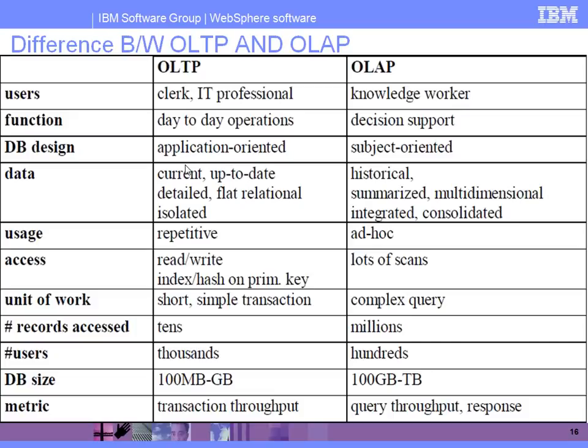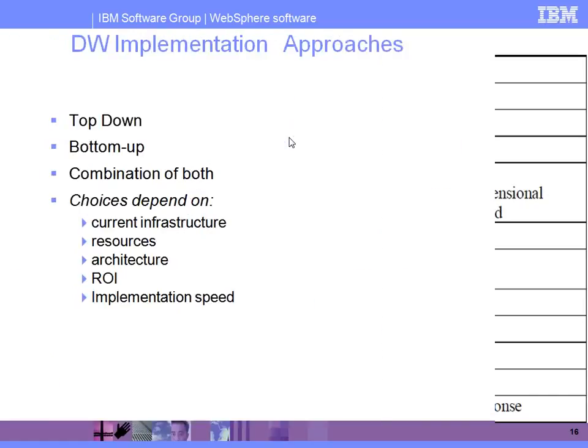Analytical means warehouse data, and transaction systems are the daily transactions whatever we are implementing on our data. This is the basic difference between OLTP and OLAP, the data warehouse definition, as well as the operational system.